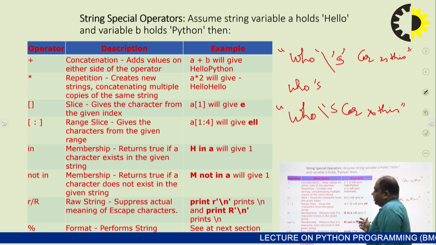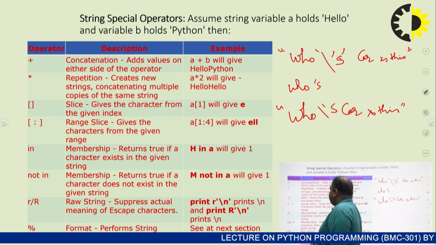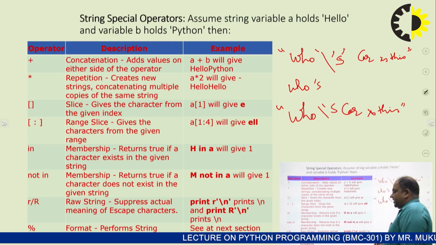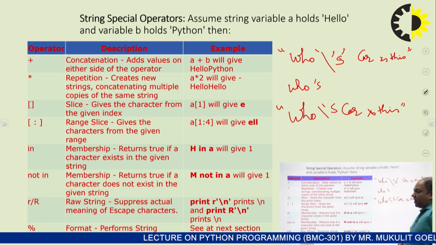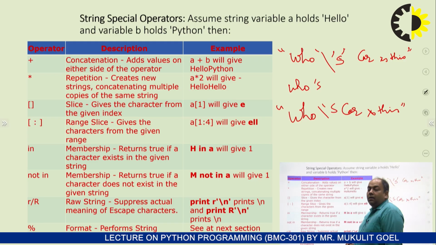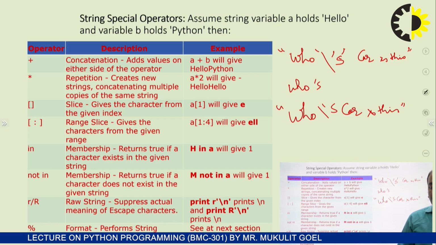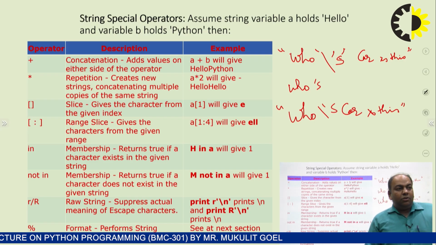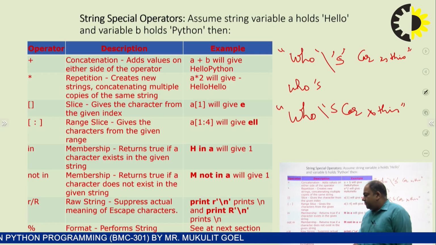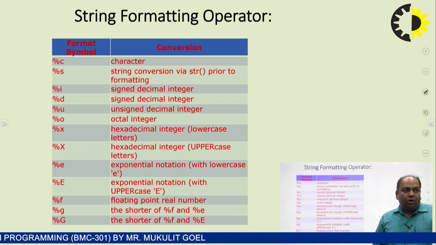So plus represents concatenation, asterisk represents repetition, square bracket represents slice, colon inside a square bracket represents the range of a slice, in and not in represent membership, and percentage represents the format.